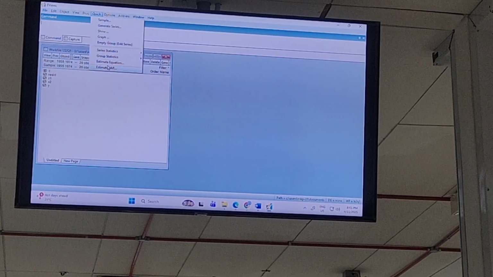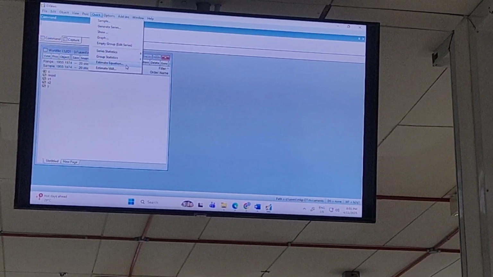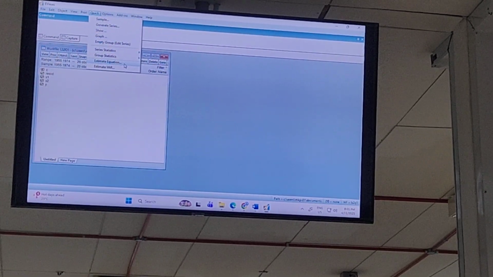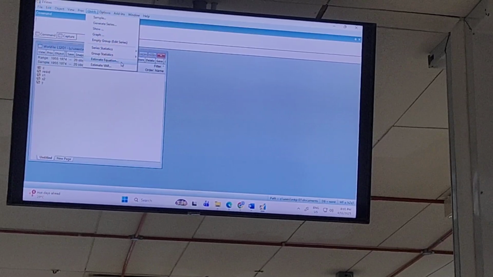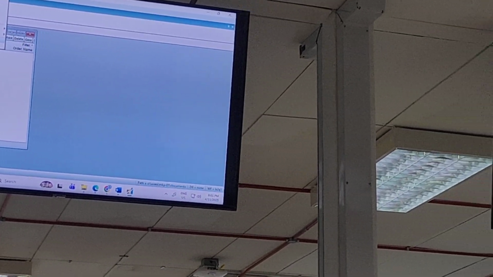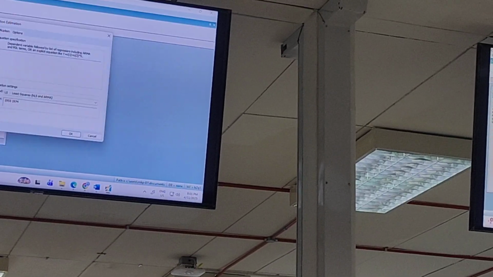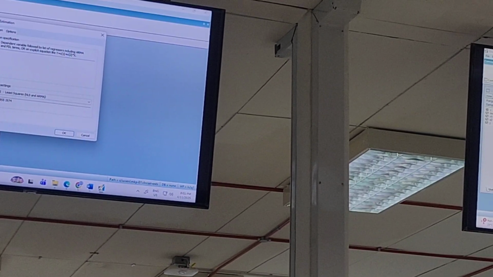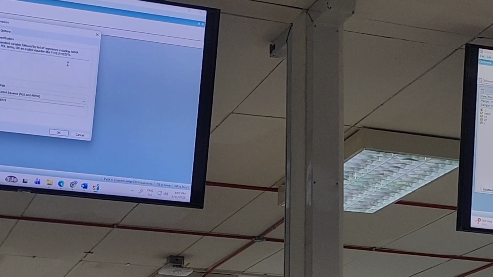So quick estimate equation. This one is at session 2, Q1. Okay, so you have your dependent variable. As I mentioned before, you can just use this one.